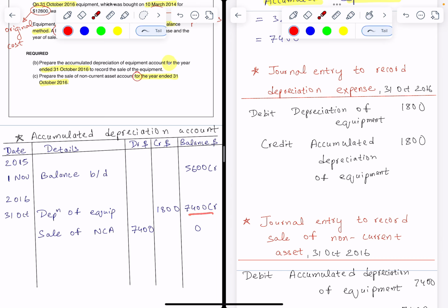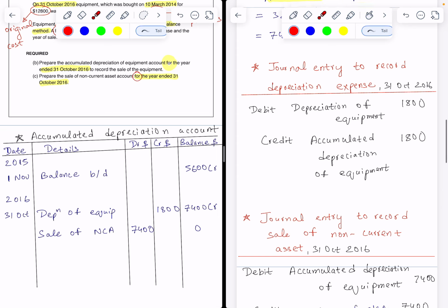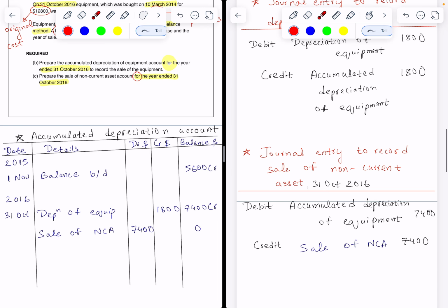Okay? Next, we want to record the fact that we have sold this non-current asset and we no longer have the accumulated depreciation for the specific equipment in our books. So based on this journal entry, we debited the accumulated depreciation account, obviously because we no longer have it. When we debit accumulated depreciation, we are referring to the fact that it's going down in value, simply because we have sold it.